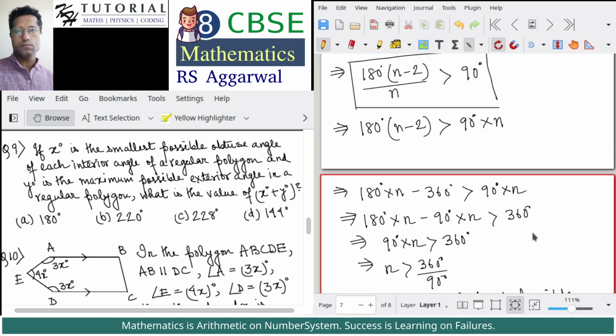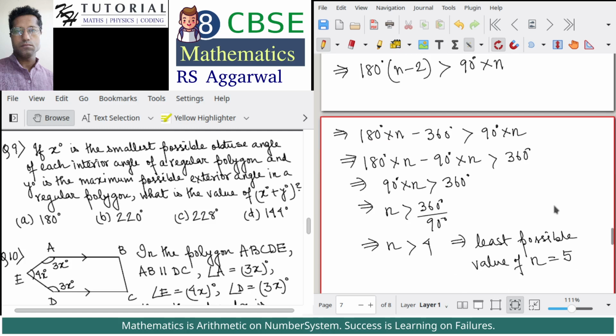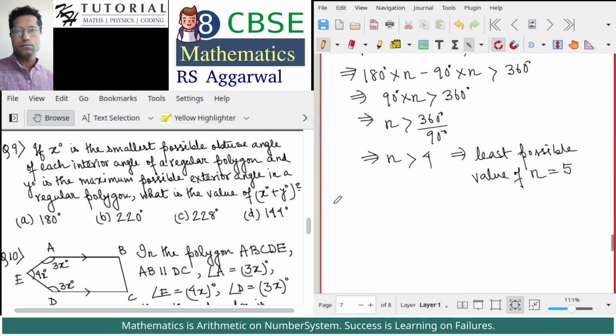It is asking what is the smallest possible obtuse angle of each interior angle of a regular polygon. So if n can be 5, this implies for n equals 5, each interior angle becomes 180 degree multiplied by (n minus 2) divided by n, that is (5 minus 2) divided by 5.